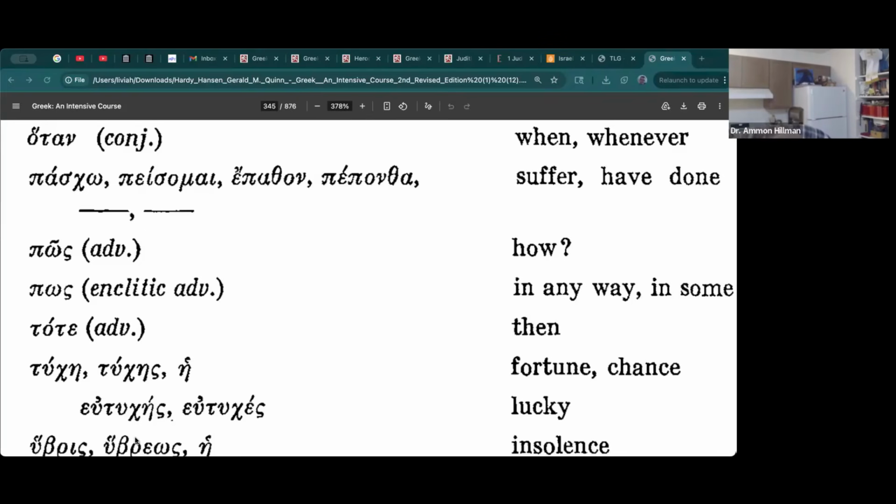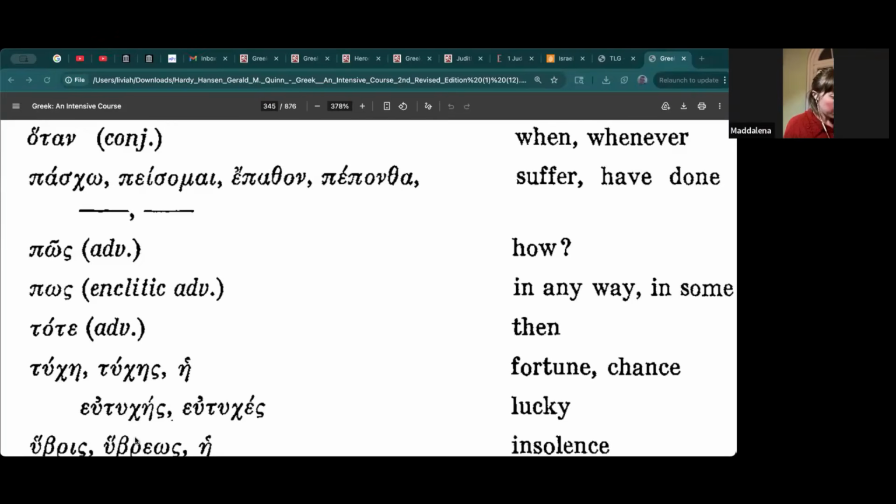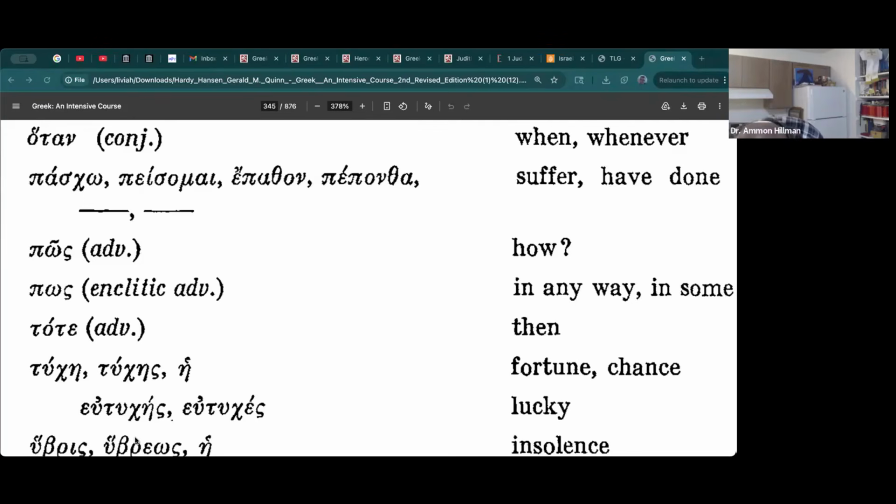Look down at how it's translated. Epeidan eis ten neson pemphthe. After he is sent to the island, tous politas didaxei, he will teach the citizens.